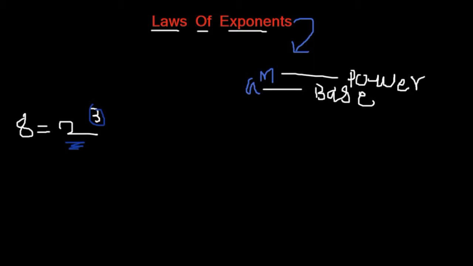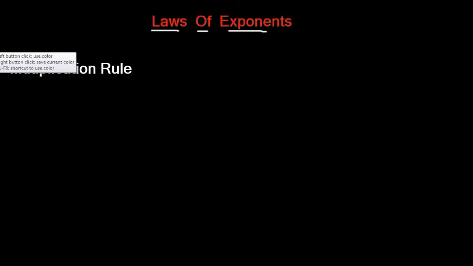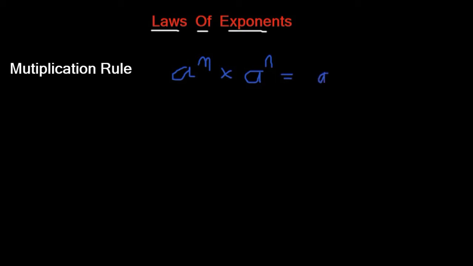Now let's get into our topic, laws of exponents. There are 8 laws of exponents. We will see them one by one. A multiplication rule is in the form of a power m into a power n, which gives us a power m plus n.